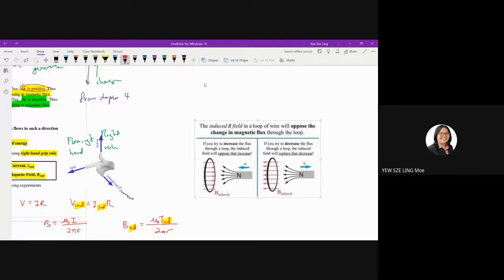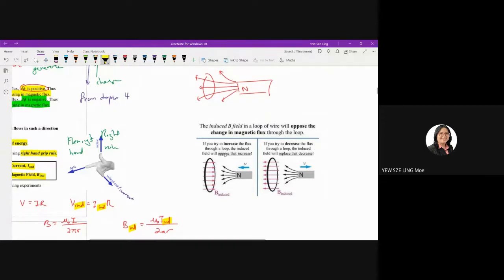Initially, if you put a magnet right here, maybe just 2 or 3 lines pass through it, and the other 2 do not. When you move this magnet towards the coil, more and more lines will be able to pass through the coil. Lagi banyak line akan melalui coil yang sama.